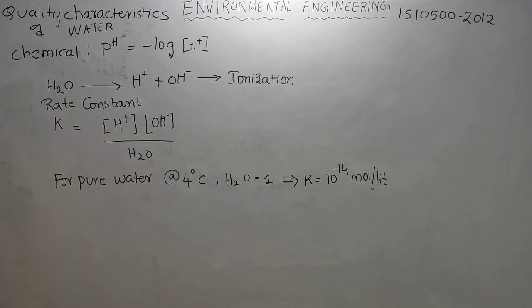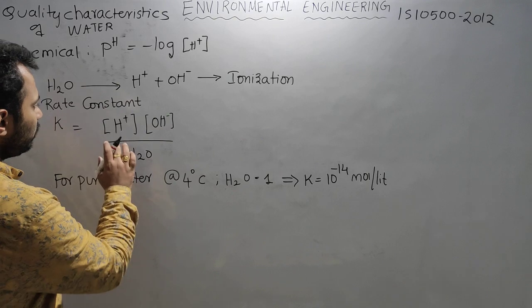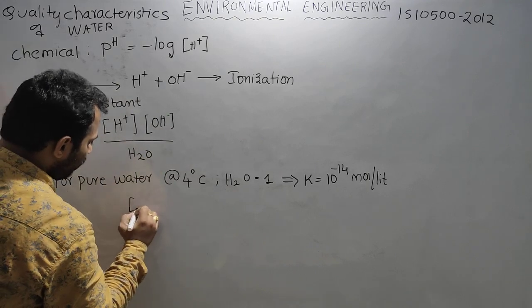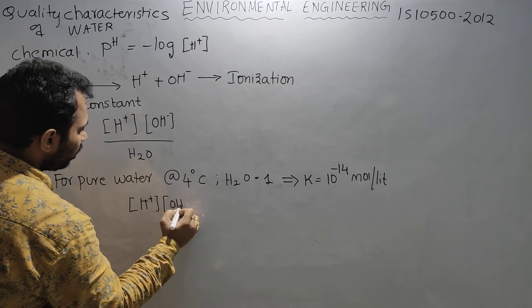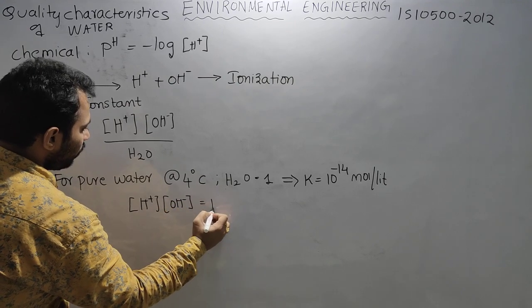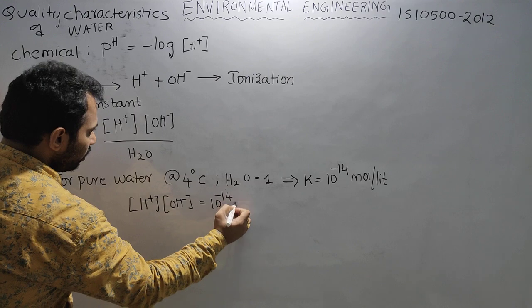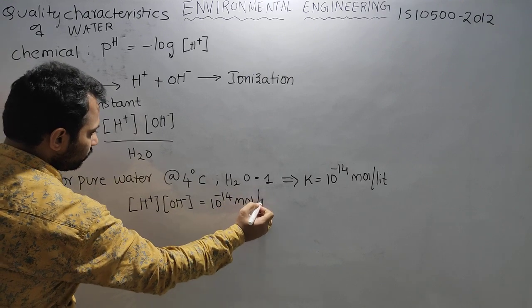That means for pure water, what is the product of hydrogen ion concentration and OH minus ion concentration? It is equal to 10 to the power of minus 14 mole per liter.